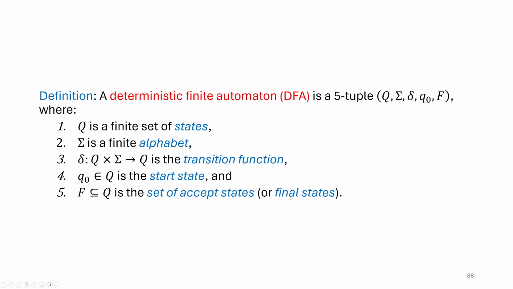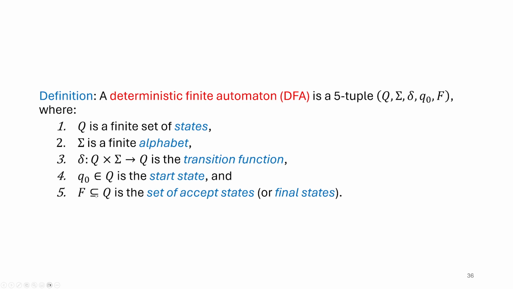And then same thing for the accept states or final states. So which states of the machine will cause us to accept the input if we end or terminate our processing in that state? We need to highlight those states somehow. Notice there's a subtlety, a difference here. There's only ever going to be one start state. So this Q0 is an element of the set of states. It's one of the elements.